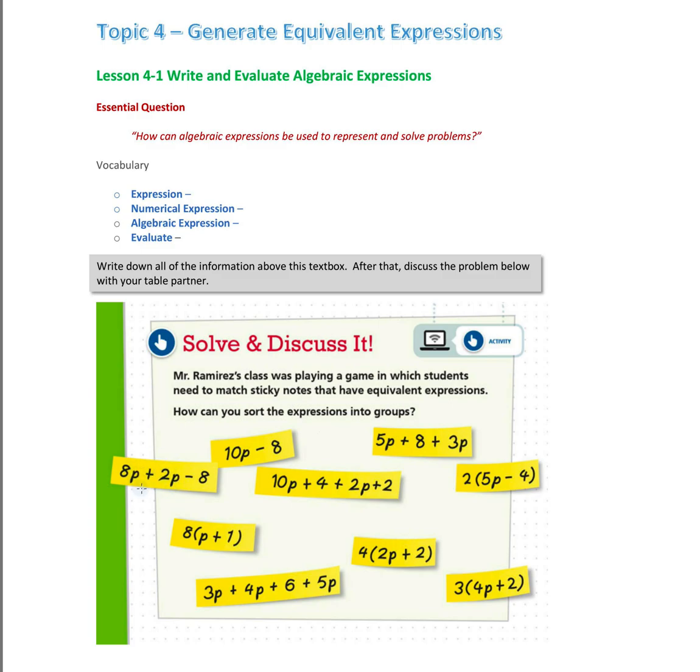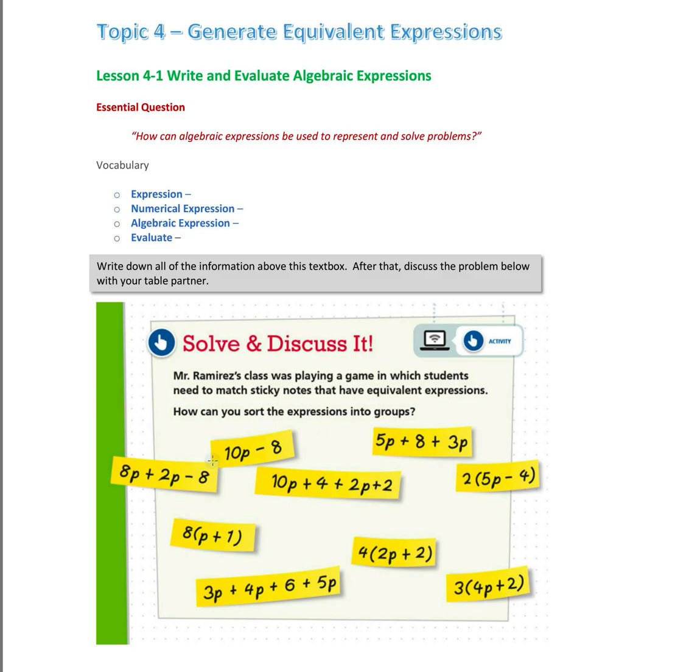That's 10 pizzas. And then this minus 8 has nothing to do with the pizzas. It doesn't have a p in it. But if I put these two together and got 10 pizzas, or 10p minus 8, that is exactly what I have right here. So these two sticky notes are equivalent. They have the same value.